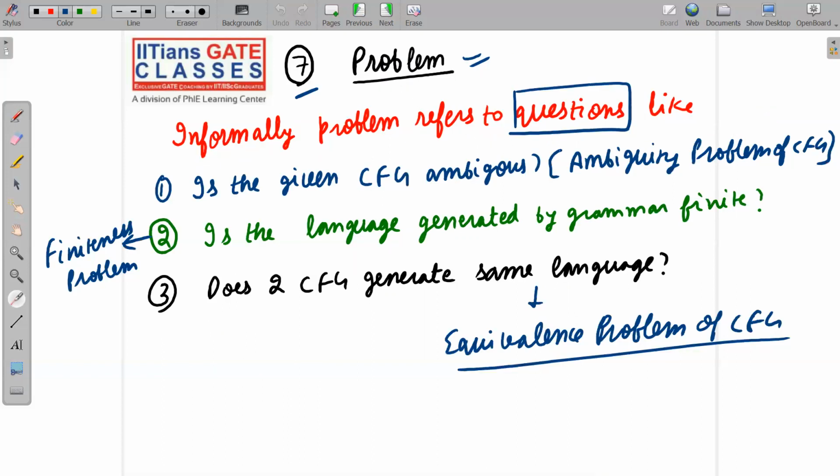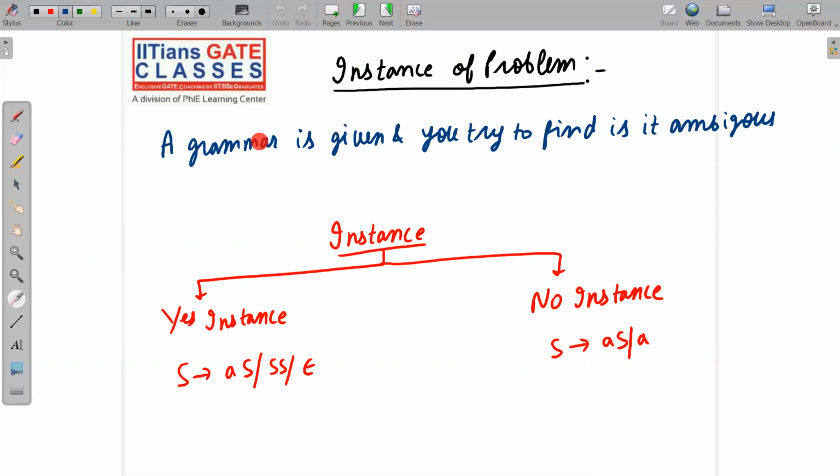That is known as an instance of the problem. This is an instance. I have given you a grammar.